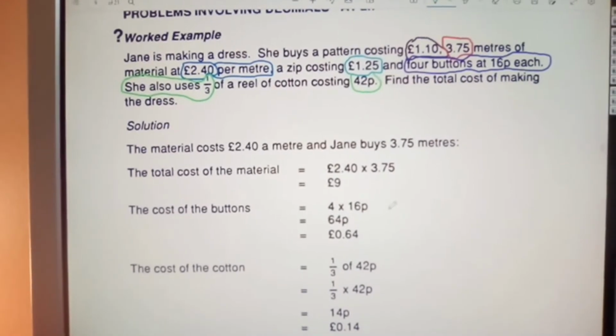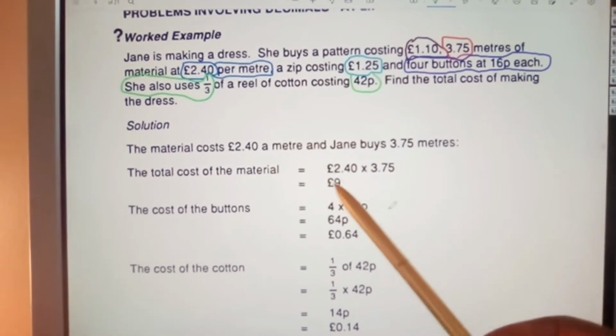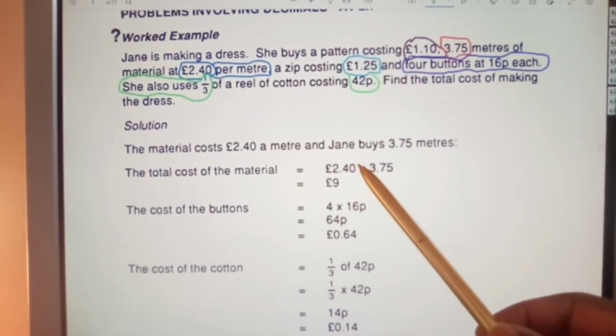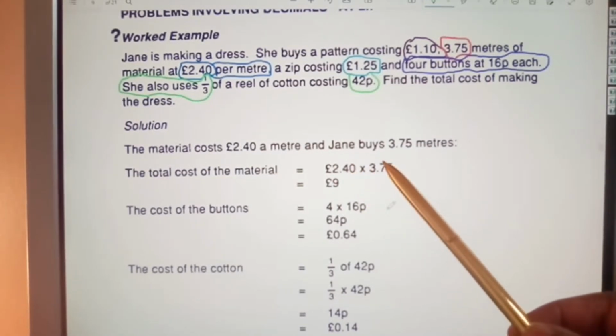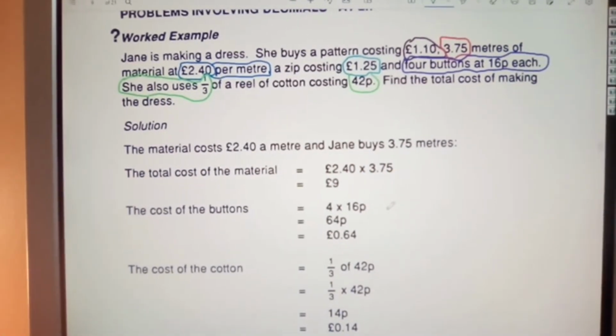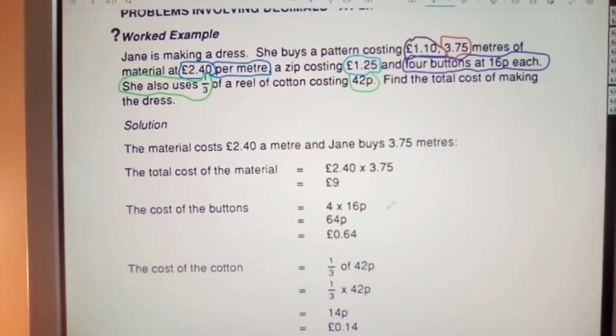Remember that when you're multiplying this, you have 2 decimal places to move in each number.